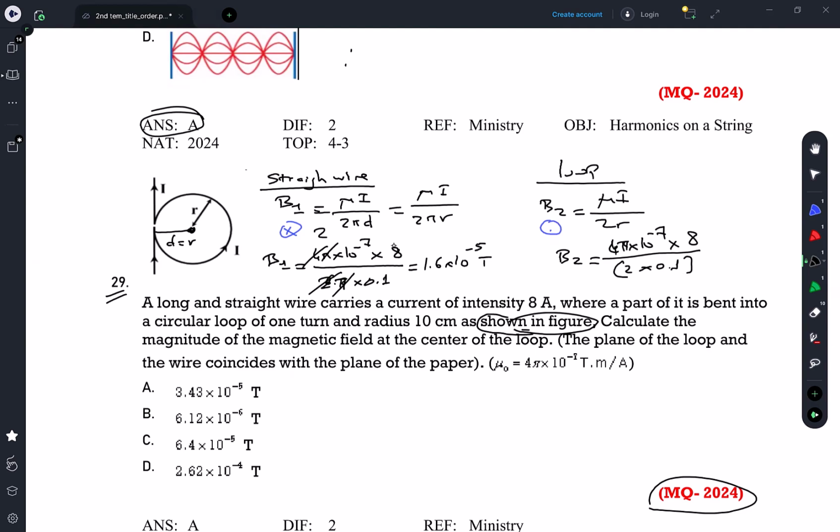The answer is going to be 5 times 10 to the power of negative 5 Tesla.